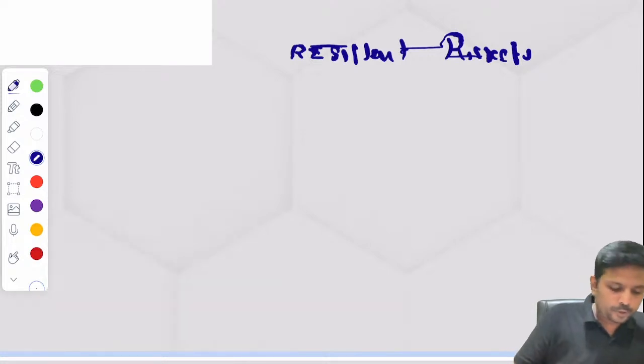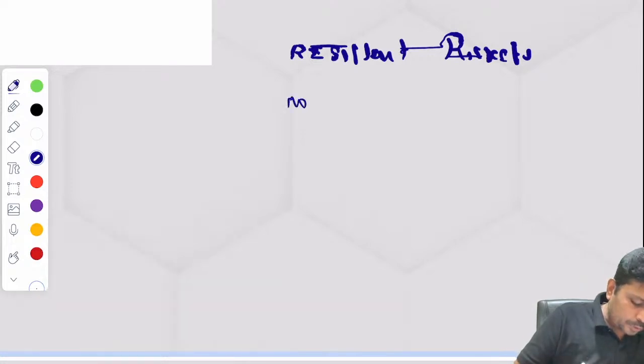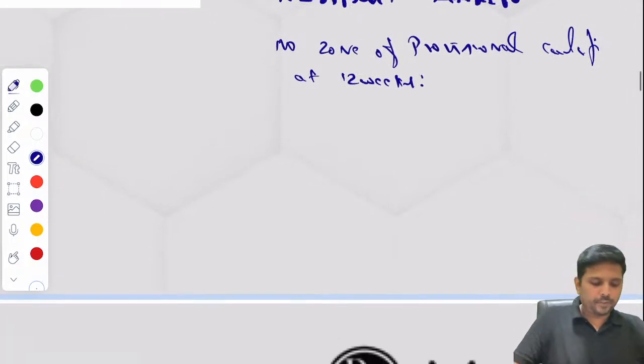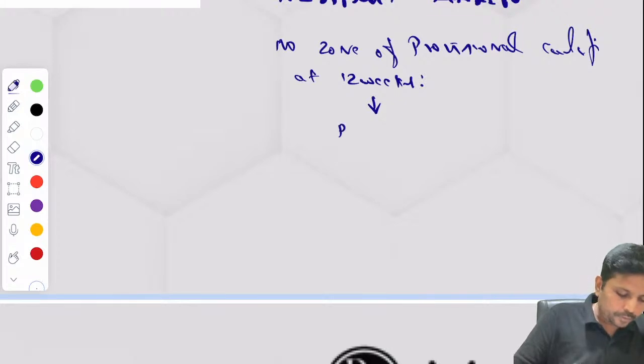So, what is the approach to resistant rickets? No zone of provisional calcification at 12 weeks. Then what you need to do? You always need to check the PO4 level.